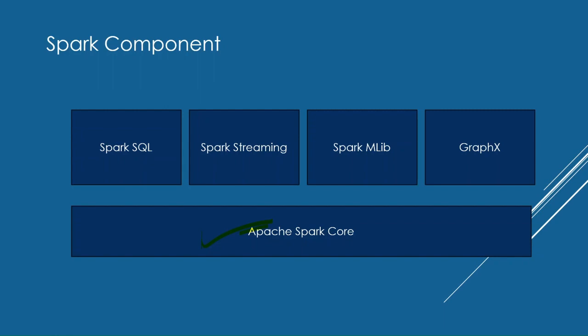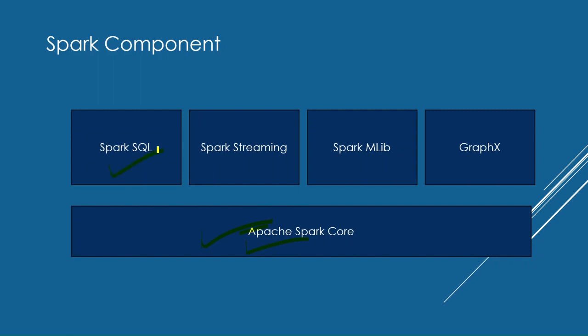It supports in-memory computing and can reference datasets which are stored in external storage systems. It has a rich set of operators. It allows developers to write code quickly. It takes fewer lines of code, whereas other languages take more than 100 lines of code. So this is the overview about Spark Core.